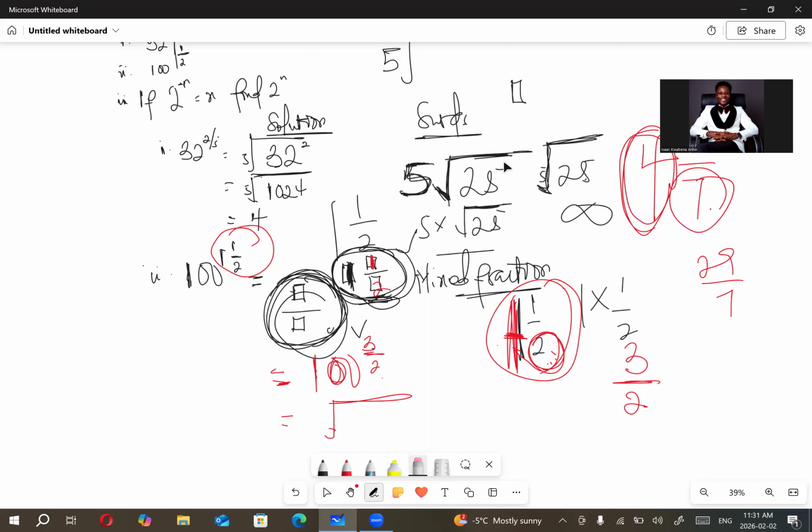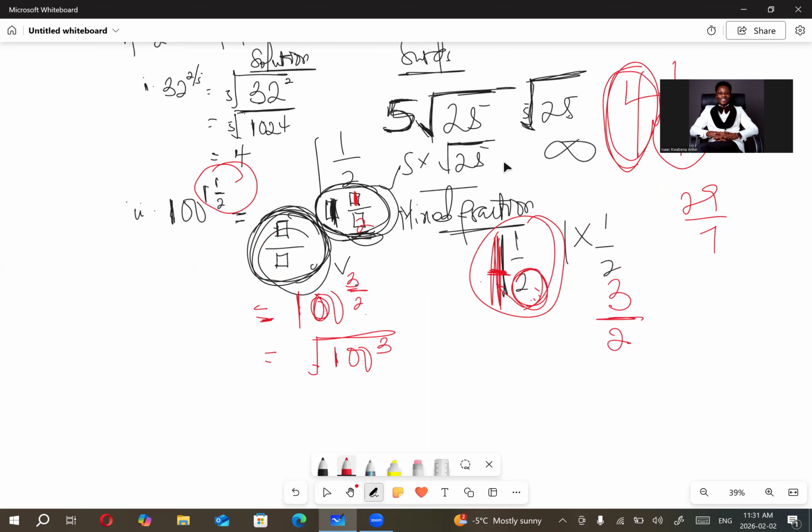So square root of what? 100, index 3. Now look for 100 index 3, which is 1 with some zeros. 1,000. Yeah, you're right, 1,000.